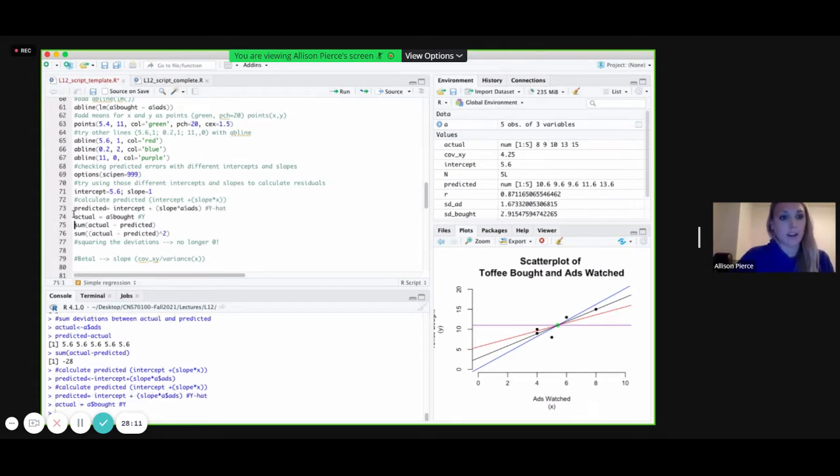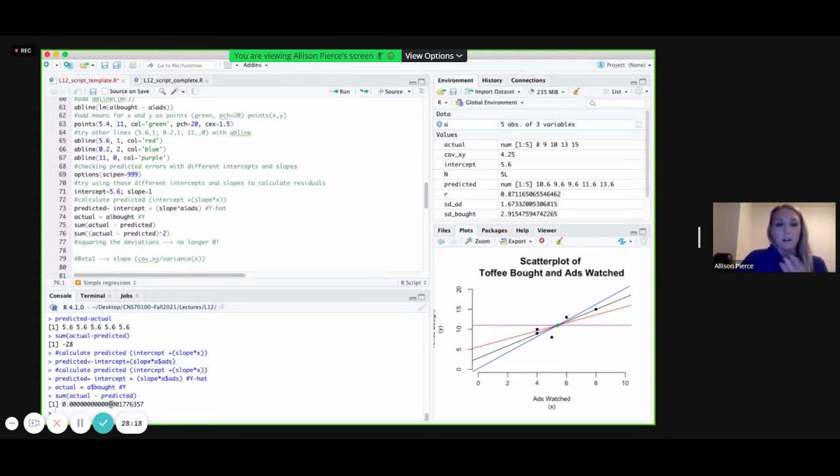Okay, so now we have our actual and predicted. If I sum the differences, because of rounding issues, these are essentially 0 every time. And I could change this intercept and slope here. Let's change it to 11 and 0. So this is the purple line, the one that doesn't fit very well at all.